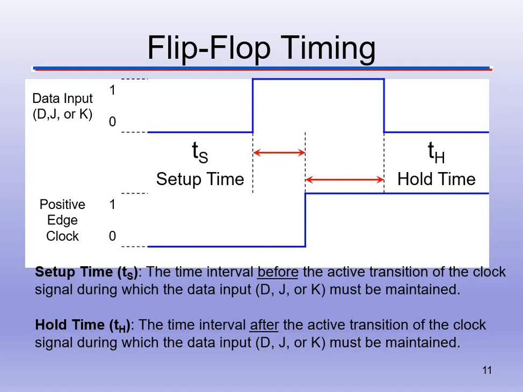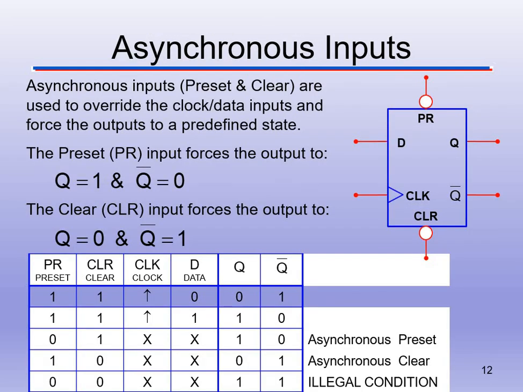So that's our setup time. It's the time between when the data changes versus when we hit the positive edge clock. And then we have our hold time. That's how long we're going to hold until the next possible chance to change everything, until the next clock transition.